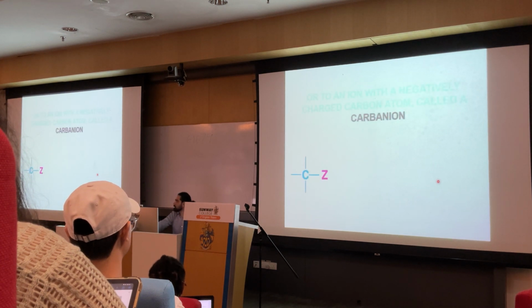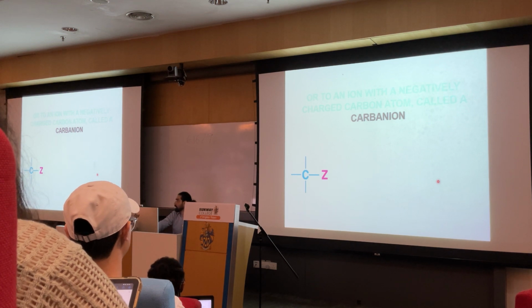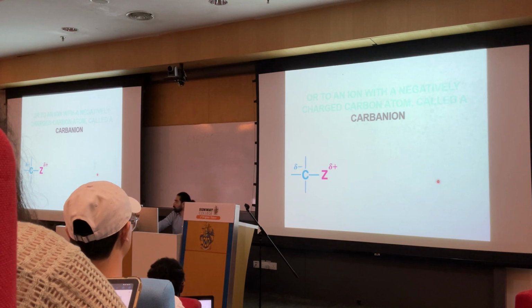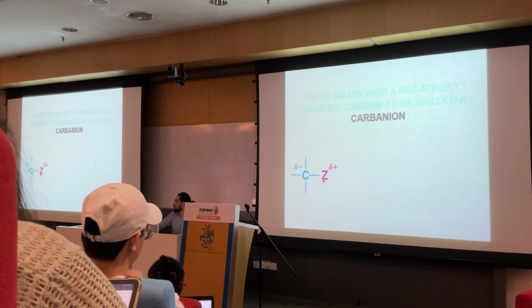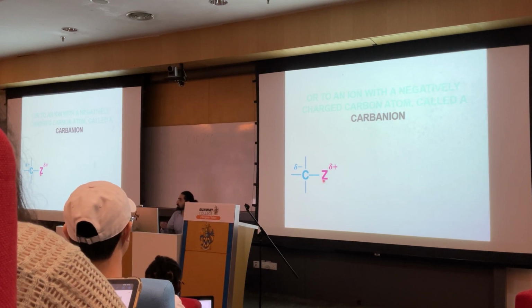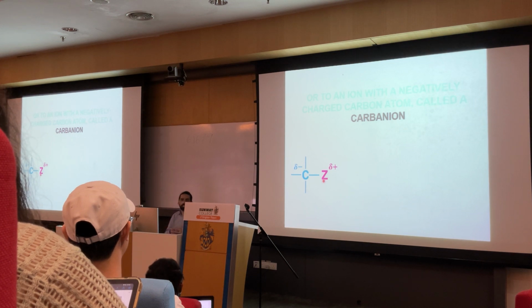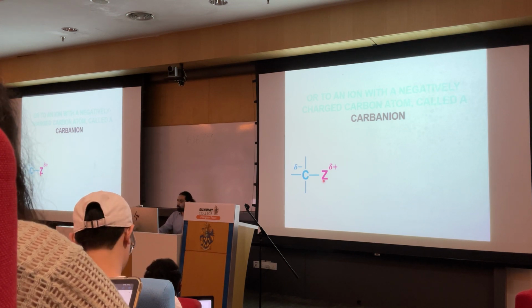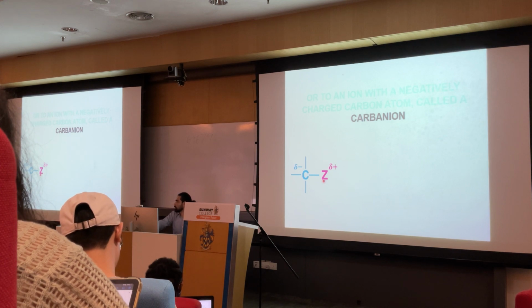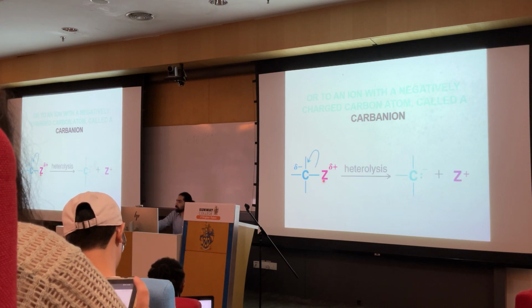In some cases, we can also form carbanion, in which the carbon will retain a negative charge. That will only be possible when the atom which was attached to carbon was partially positive, meaning that it has even lesser electronegativity than the carbon. So in those cases when this bond breaks, carbon will attain a negative charge, and that anion is called carbanion.